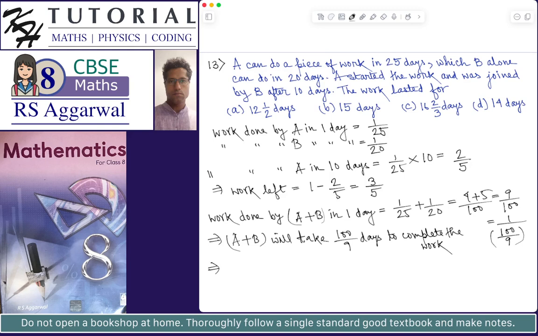So now we need to find how much time A plus B will take to complete 3 by 5 of the work. Now the whole work means 1.